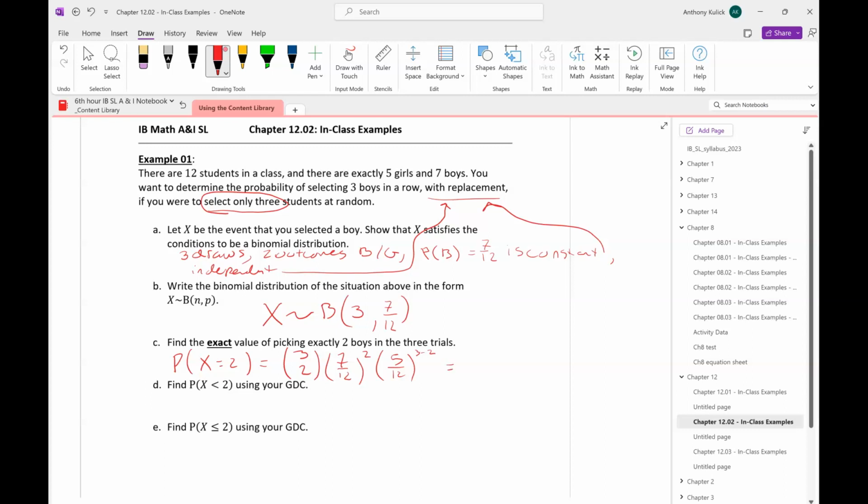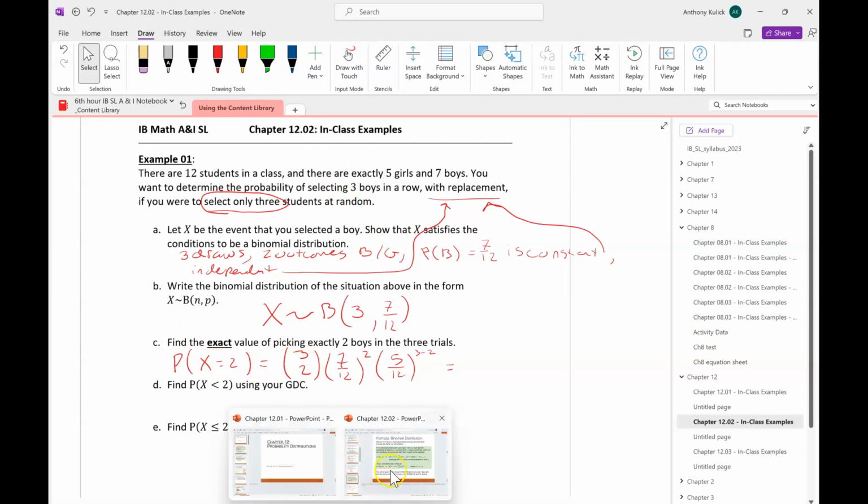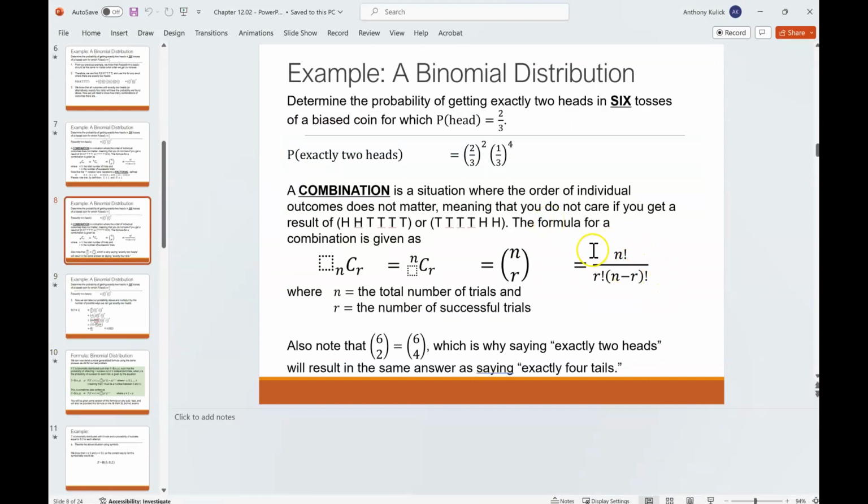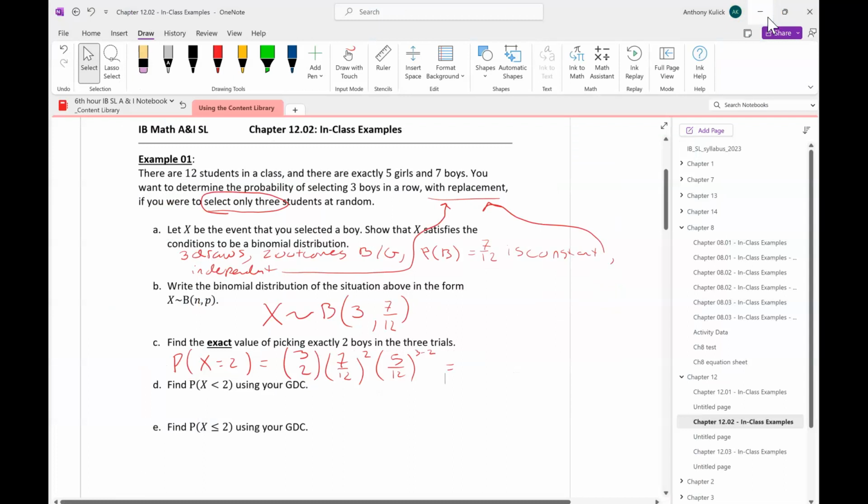The formula for 3 choose 2 is n factorial over r factorial times n minus r factorial.